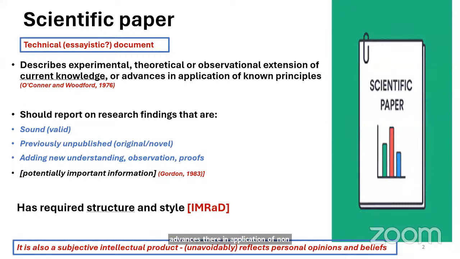And such a paper is an essayistic or technical document that should report on findings that are sound, previously unpublished, namely original or novel, that adds new understanding, observations, and proofs, and therefore contribute potentially important information.